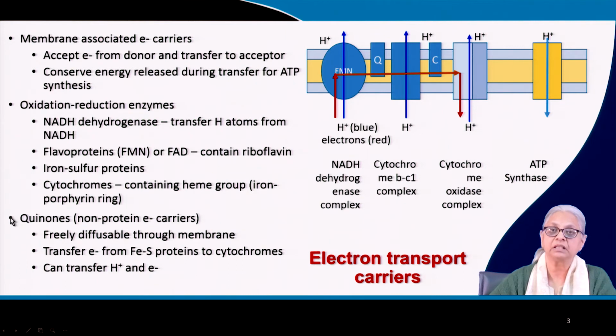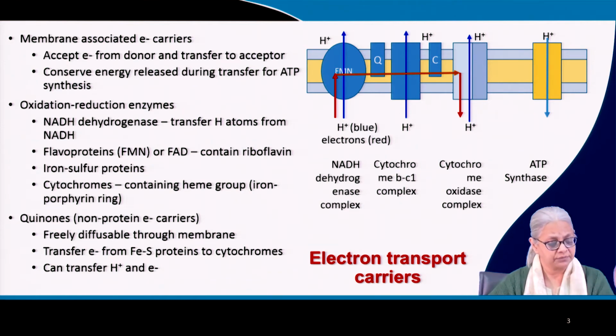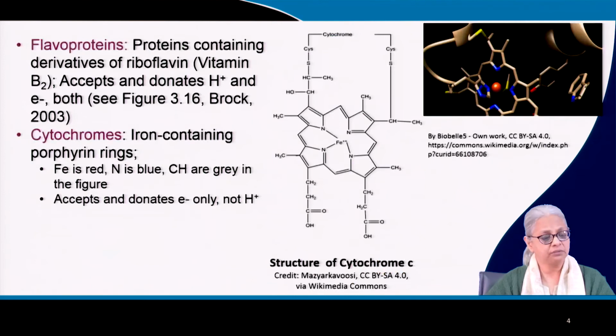The non-protein electron carriers are quinones. These quinones are not attached to the membrane. They are freely diffusible through the membrane. They can transfer electrons from the iron sulfur proteins to the cytochromes, and they can also transfer both protons as well as electrons. So let's see if we can take a closer look at some of them.